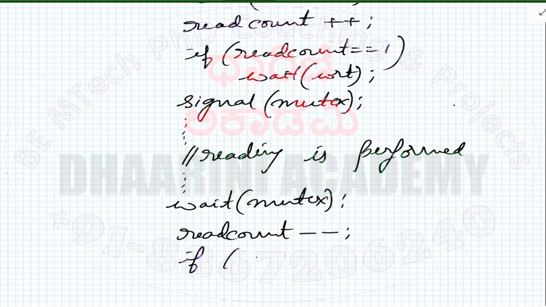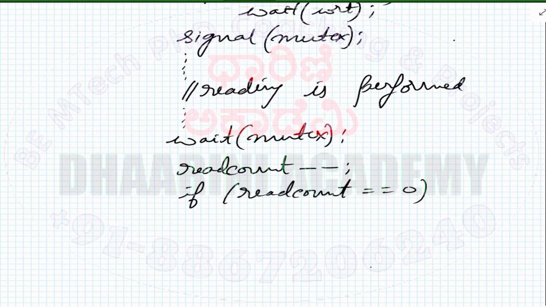If read count equals 0, I check the condition and I update the signal by doing a signal operation of WRT, indicating that nobody is reading right now, which means the write function can be increased and somebody else, some other writing process, can access that and update it. Okay, so that's why this is the signal.